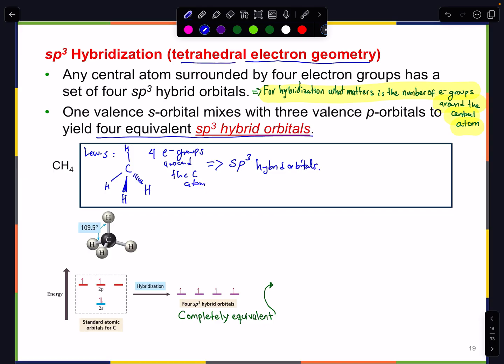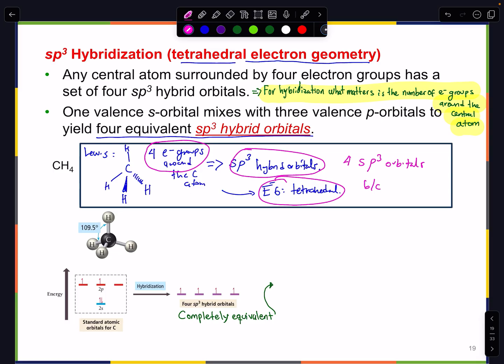The electron geometry here is tetrahedral. So these three things are going to be sort of equivalent when talking about hybridization. Four electron groups, electron geometry tetrahedral, that means sp3 orbitals, right? We need to have four sp3 orbitals because we had four bonds in this case.